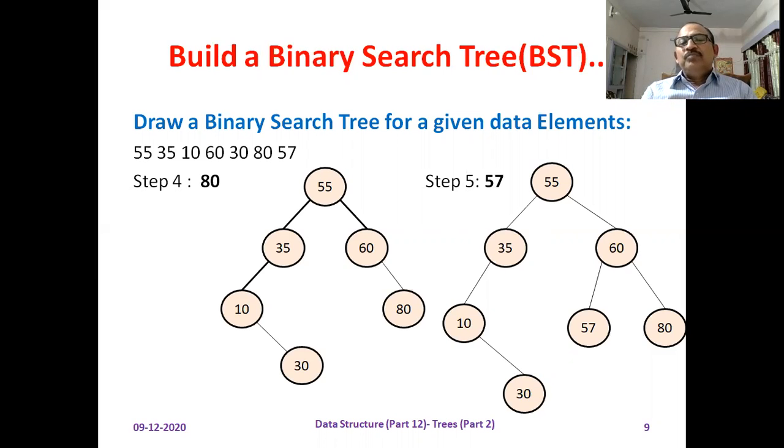Here we see 57 is less than 60. Therefore, we will attach this 57 as the left child of the node 60. This way, we will draw a binary search tree for the given data elements.